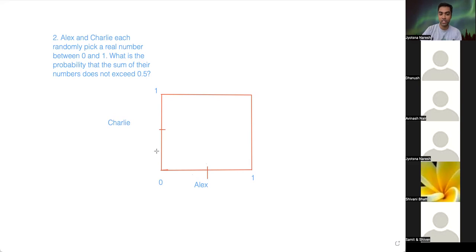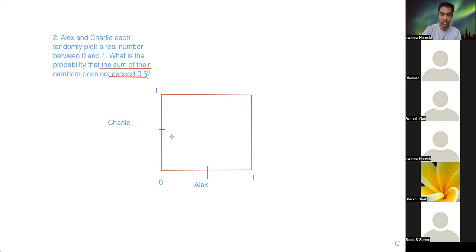Okay, so now the question is, what area of this square corresponds to the sum of numbers not exceeding 0.5? So we found 2 of these points. What does the whole area look like? So think about, what if Alex chose 0.1? What's the maximum Charlie can choose? 0.4.